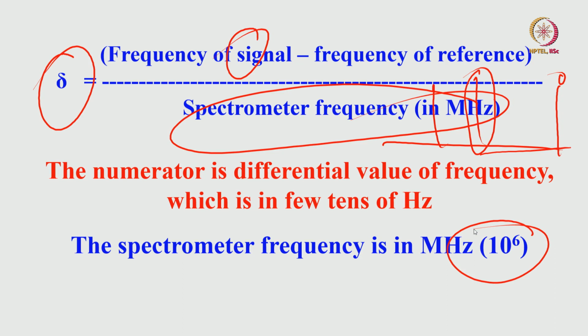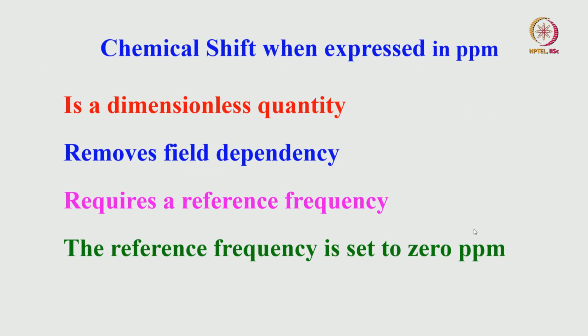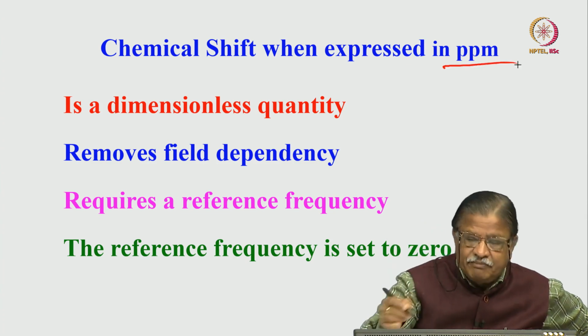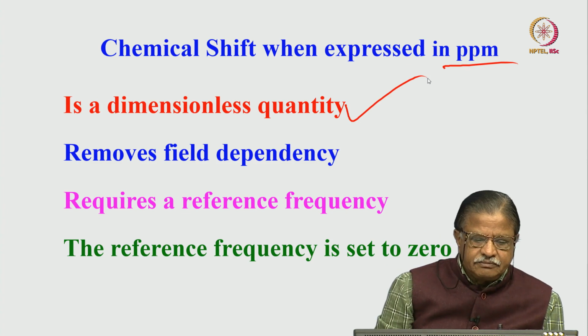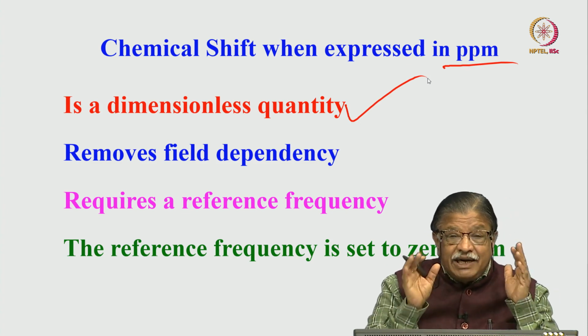parts per million. Okay. So, the advantage is why we have to express chemical shifts in parts per million. We express in frequency in hertz or also in ppm. Interesting thing you should know, when chemical shift is expressed in ppm, parts per million, it is a dimensionless quantity. It removes field dependency.